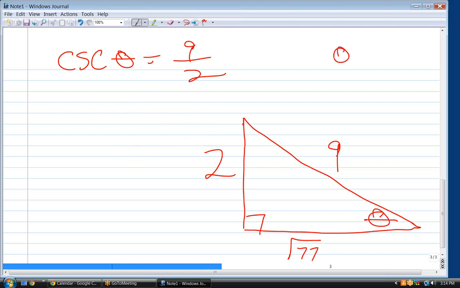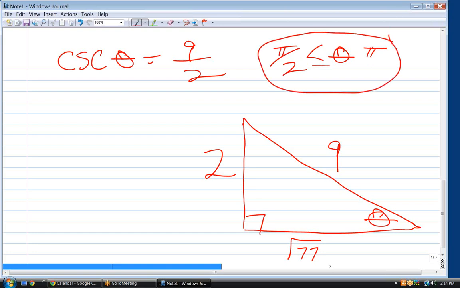In other words, it will specify which quadrant we're in. What quadrant is that? Oh, I don't know.